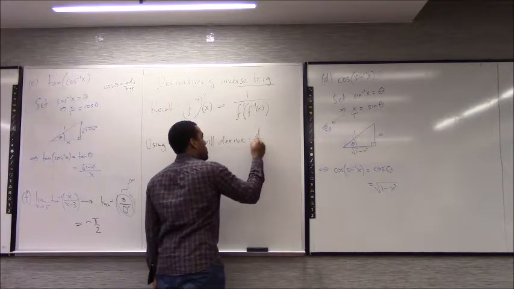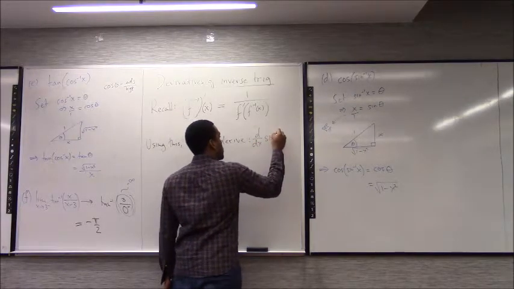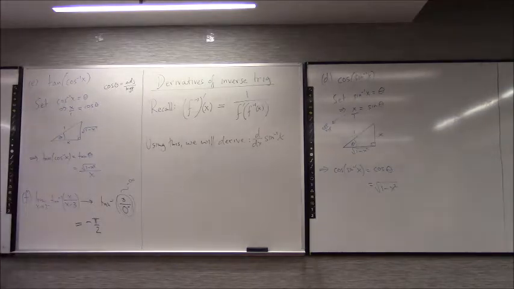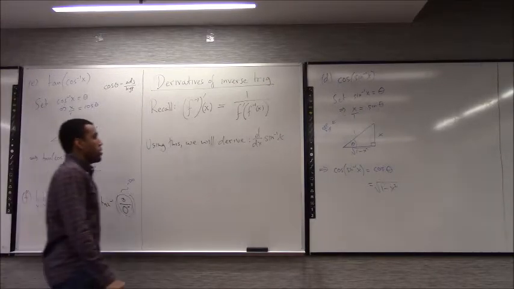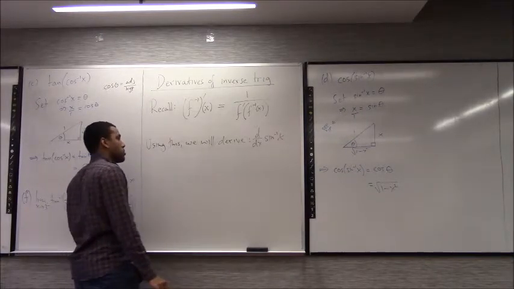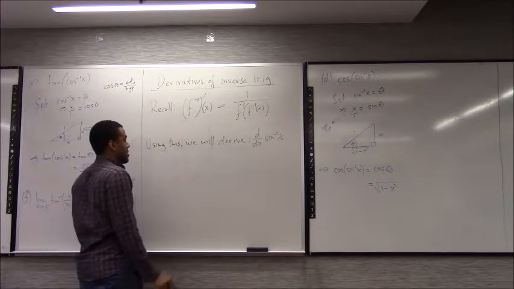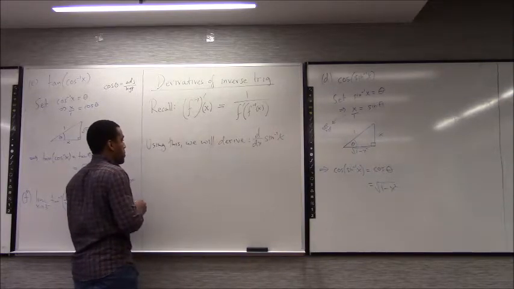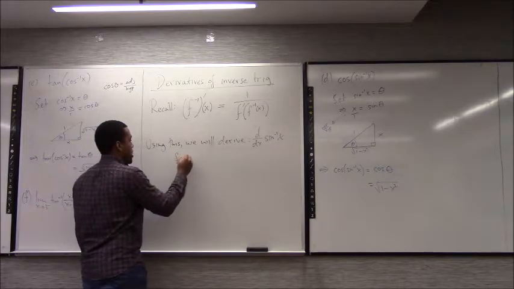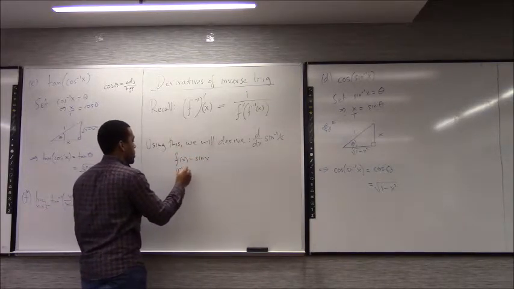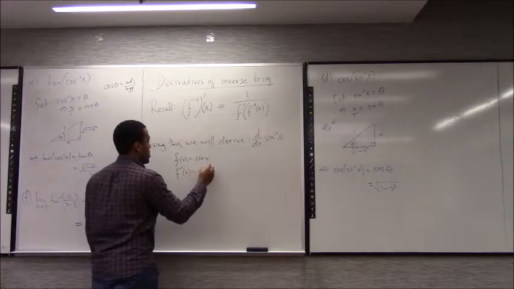Let's find the derivative of the sine inverse function. So here, my f of x is equal to sine x, and so my f inverse of x is going to be sine inverse of x.